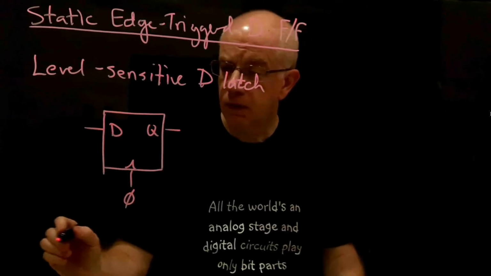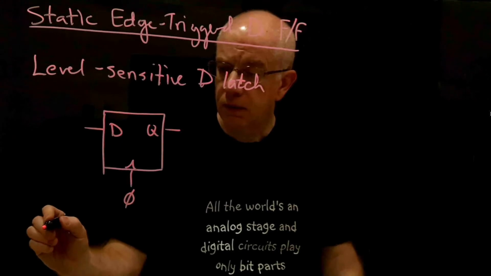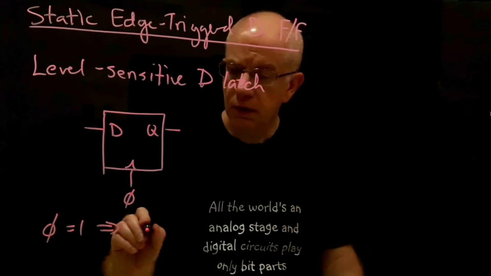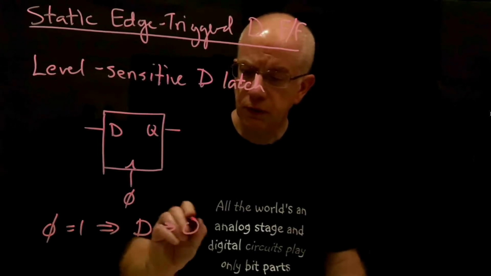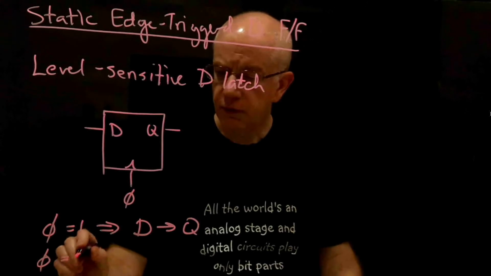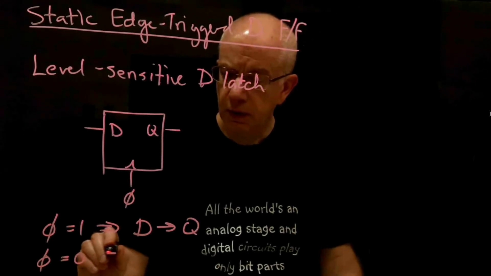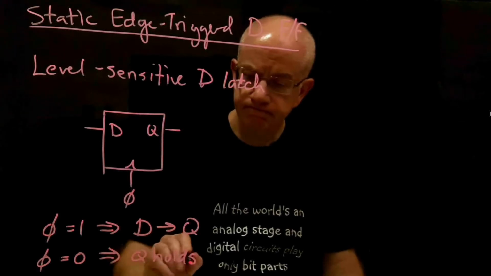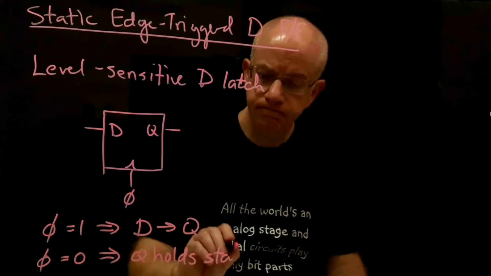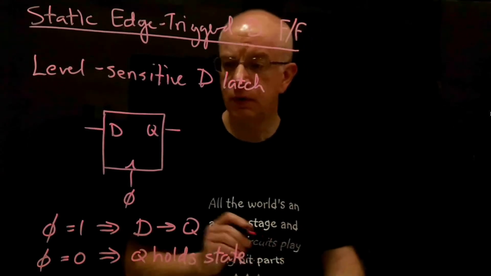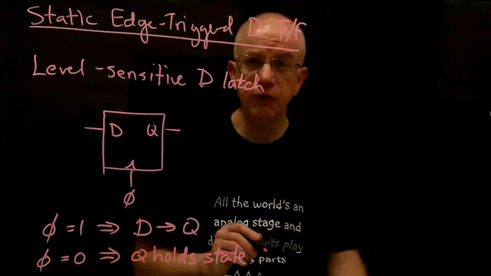When phi equals 1, D gets propagated to Q. When phi is 0, Q holds its state. Okay, so it's a level-sensitive latch.